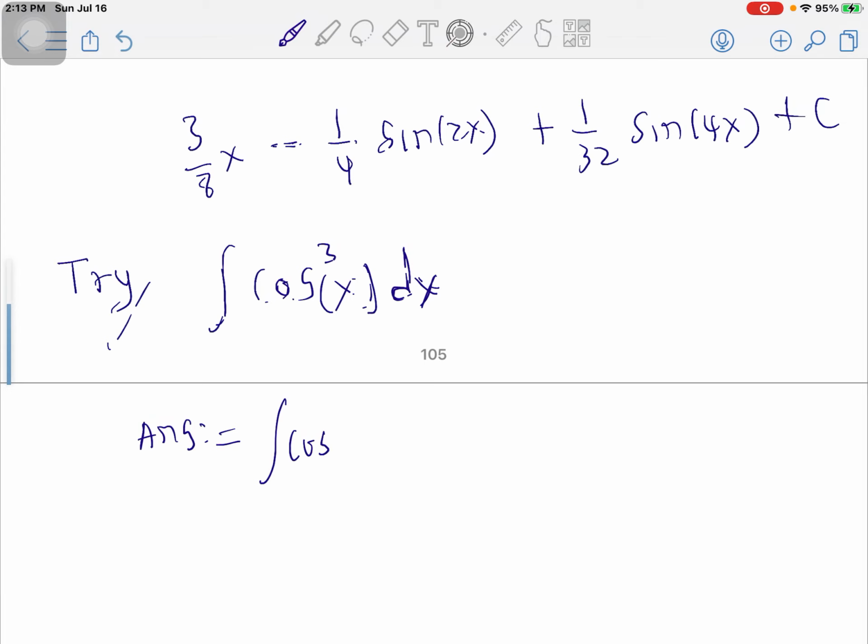When you are done with it, the answer that you are supposed to get for the integral of cos power 3 of x dx is sine of x minus 1 over 3 sine cube of x plus c.